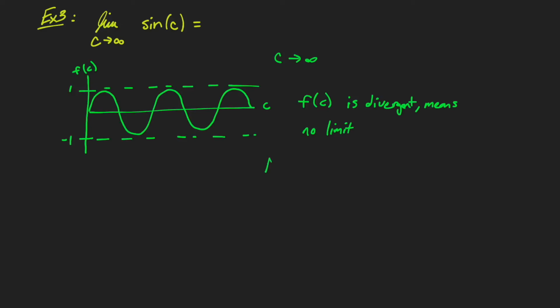So the definition of divergence is that as x approaches some value n, there's no consistency between the values as it gets towards the end. Notice in this case it oscillates between 1 and negative 1 and along with other numbers, so there is no limit.